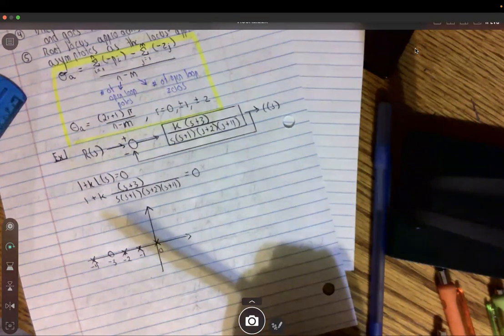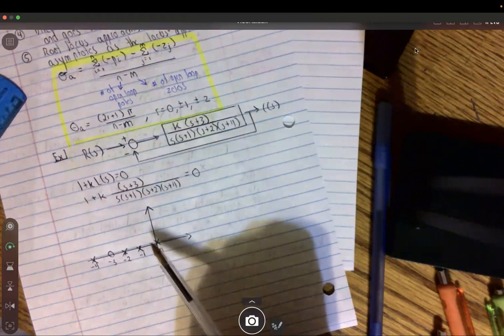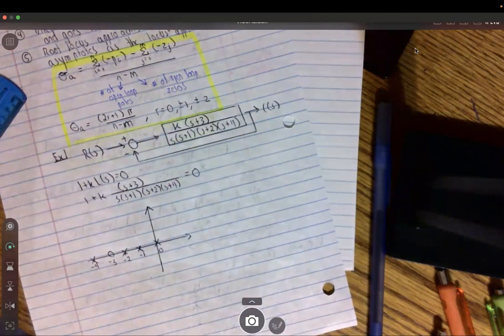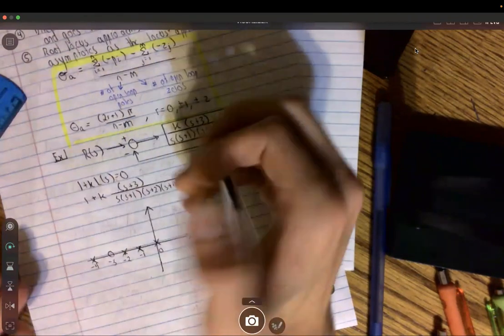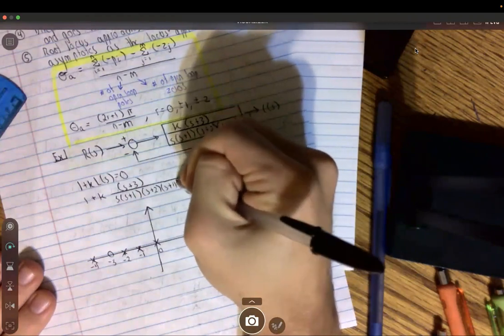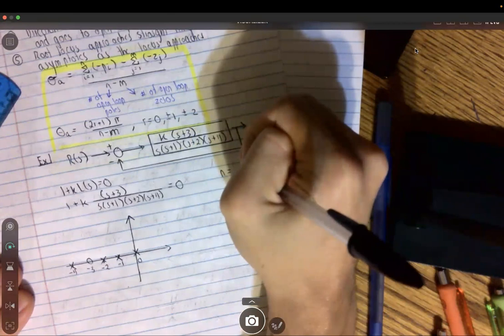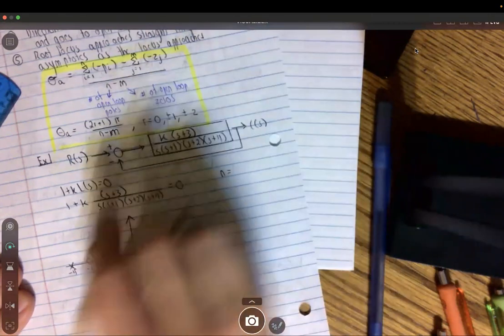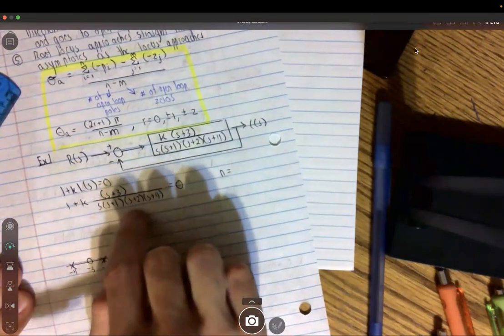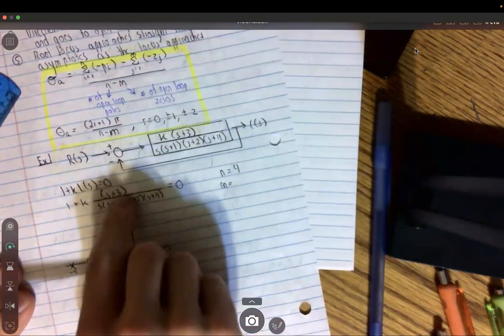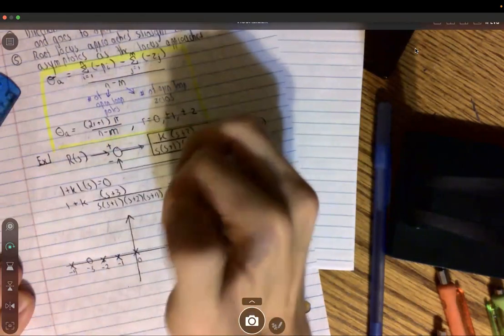So only one of these poles is going to end up at this zero. All the others are going to go to infinity. And so notice, how many poles do we have and how many zeros? Our n is the number of open loop poles, so we have 1, 2, 3, 4. Our m is the number of open loop zeros, which is 1.